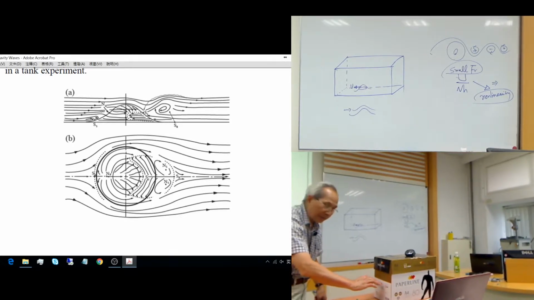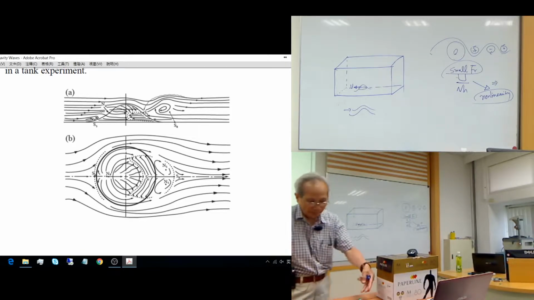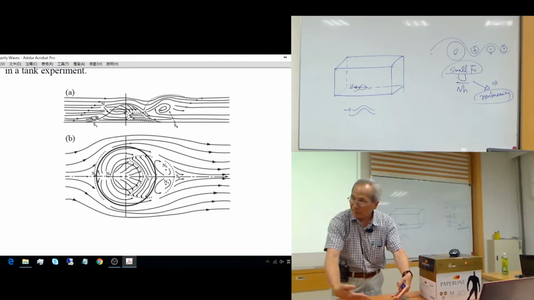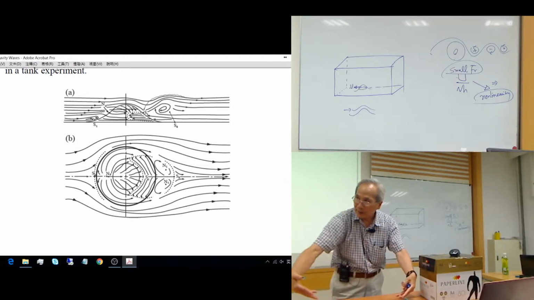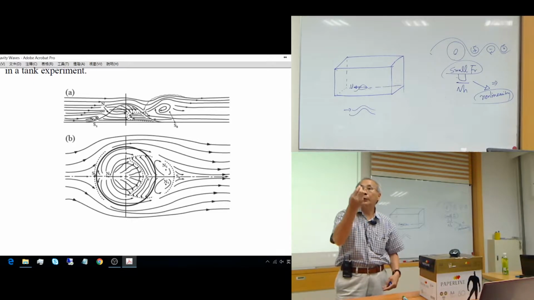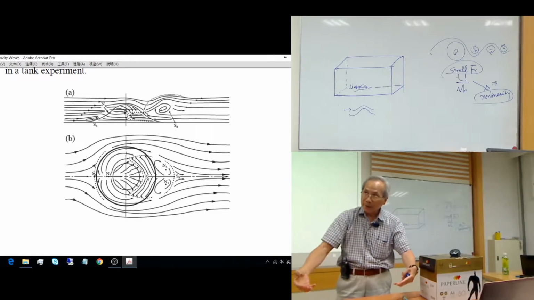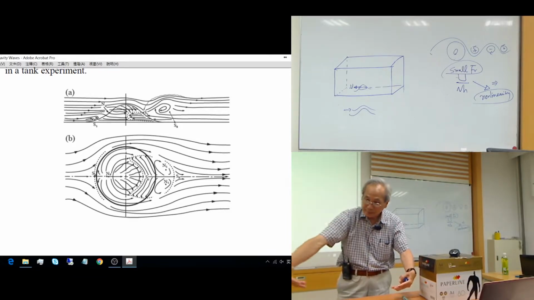And then below that, the flow will return, coming back. And when it comes back, it will meet the basic flow coming in, the incoming flow. And then at a certain point, you have a point which has no velocity at all, because the return flow is as strong as the basic flow.